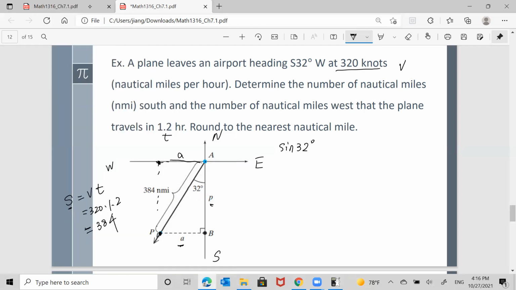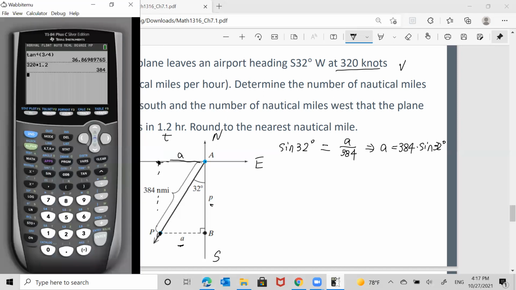Okay, so we know this, and we're looking for A and P. Sine 32 equals A over hypotenuse equals A over 384. So we can find A equals 384 times sine 32 degrees. Use a calculator.